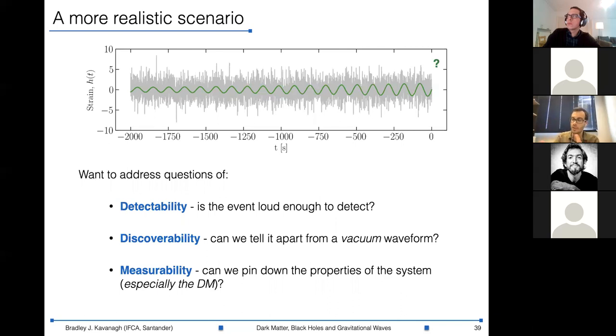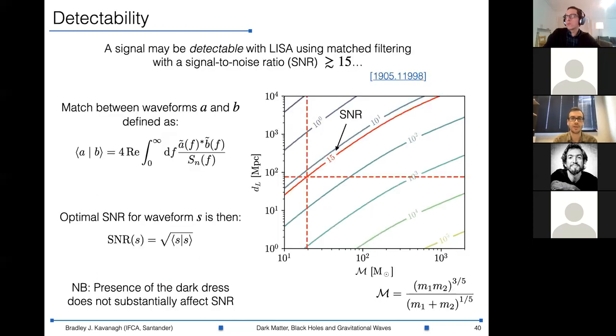You don't know the masses, you don't know the dark matter density, you don't know whether there is any dark matter. Okay, and so you have to ask, can I distinguish between, well, first of all, how near does this thing have to be, loud enough to detect? Can I distinguish a system which has this dark matter dephasing from a system which doesn't? And then if I can tell that there is dark matter, what can I say about the dark matter halo in that case? Okay, and so I'll address these 3 things in the last 10 minutes or so.